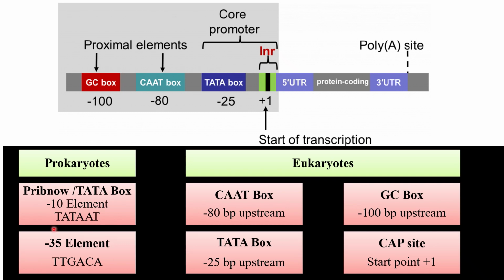So these are the specific sequences which are recognized by the RNA polymerase. RNA polymerase binds to these sequences, and from there it initiates transcription, and then it follows the coding region from where these codes are copied and then carried to translation.